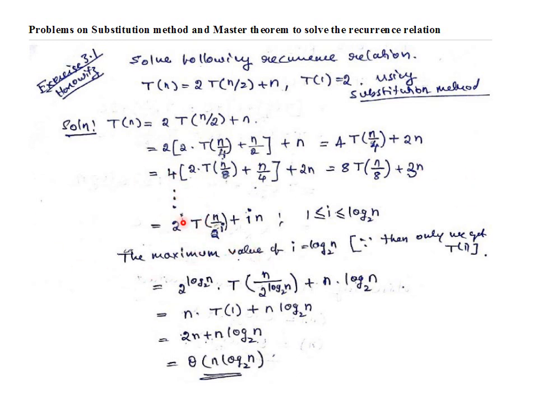So when we continue this substitution method, we reach 2 to the power i into T of n divided by 2 to the power i, plus i n. You can see that for each substitution the value of n increases. The first time T of n is replaced by 2 T of n by 2 plus n, then the second time it is 2n, third time 3n, next time 4n, next time 5n. So that is i n.